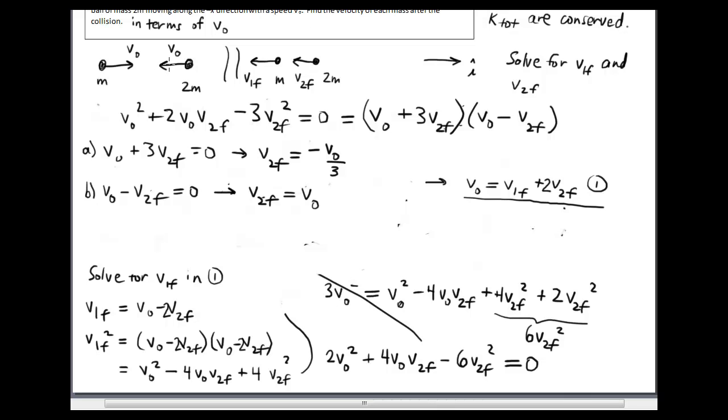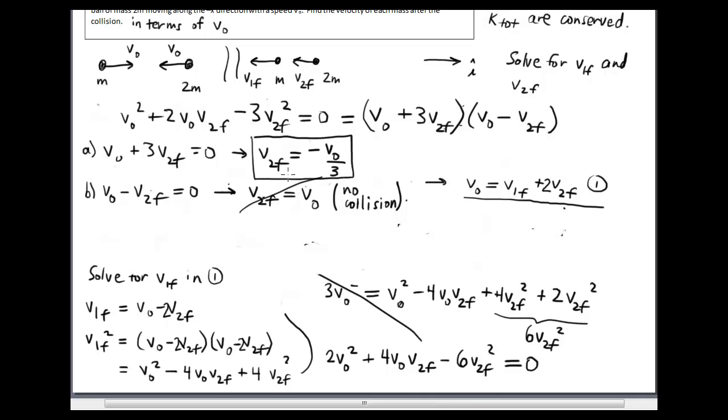That doesn't make sense. Right? That would be like these two objects not even colliding at all. So this would be the no collision solution, as if they were moving parallel but never actually collided. And so as a result, that's not a physically meaningful solution. And so the very first one that we got is the one that makes sense.